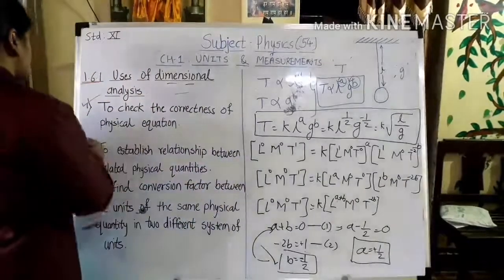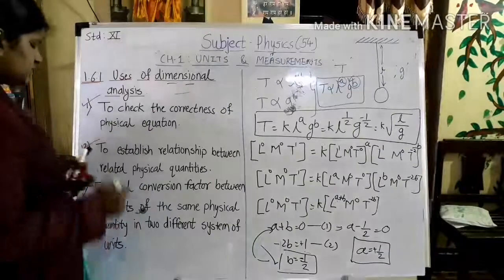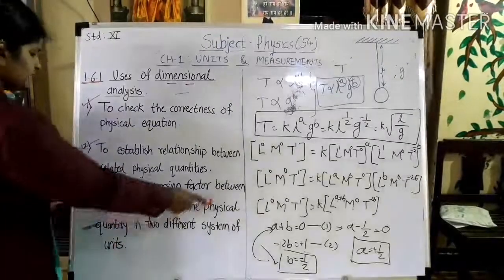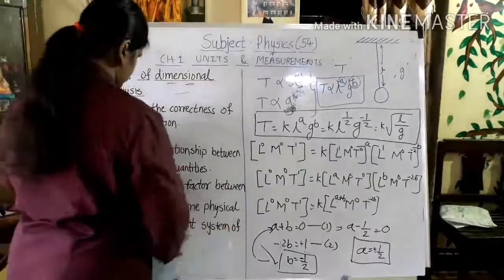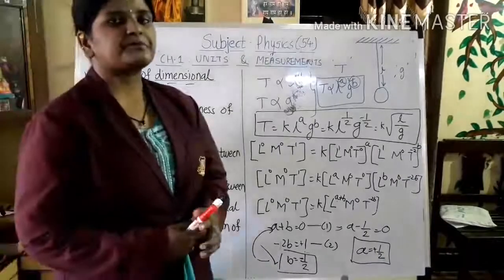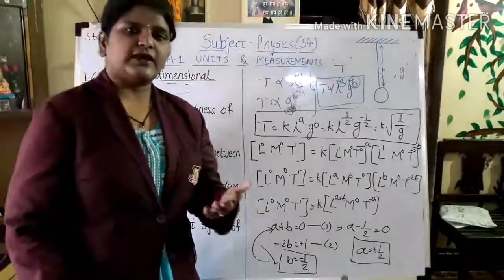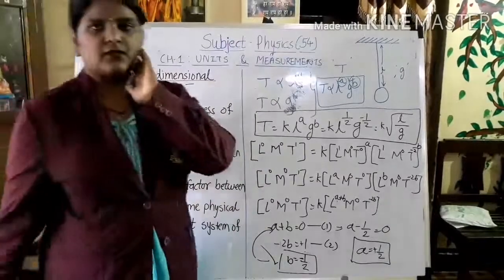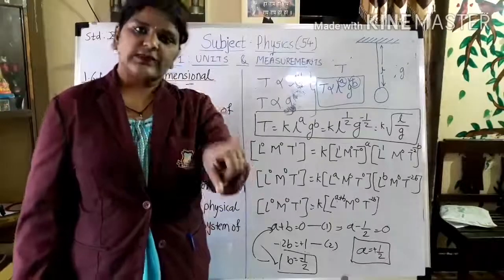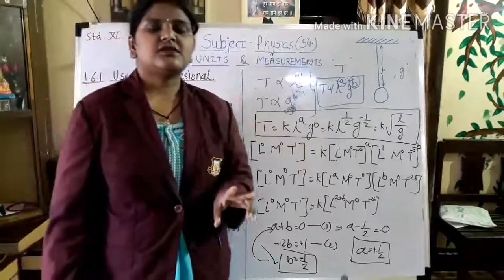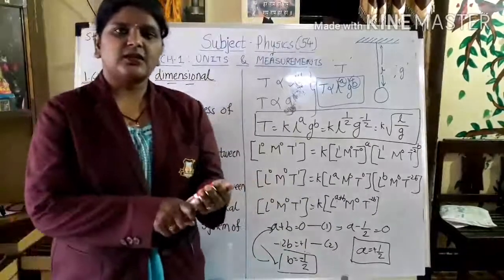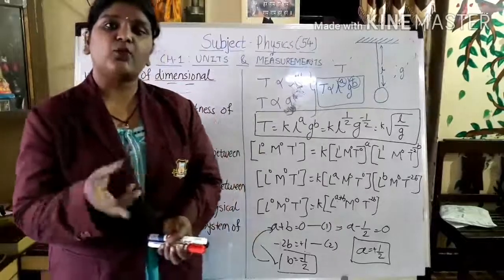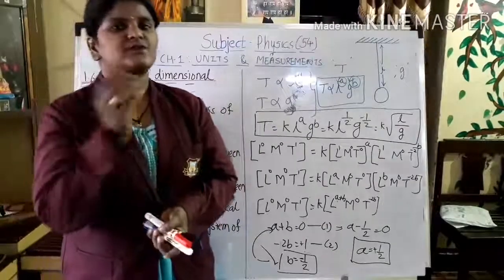Now we are going to see the third use, which is to find the conversion factor between the units of the same physical quantity in different systems of units. What is the meaning of that? Suppose joule and erg are units of the same physical quantity, energy, but in two different systems of unit.